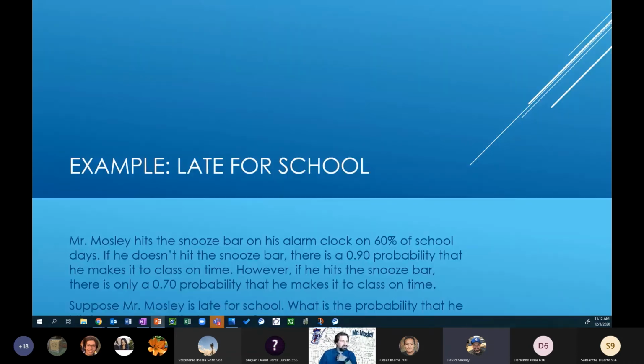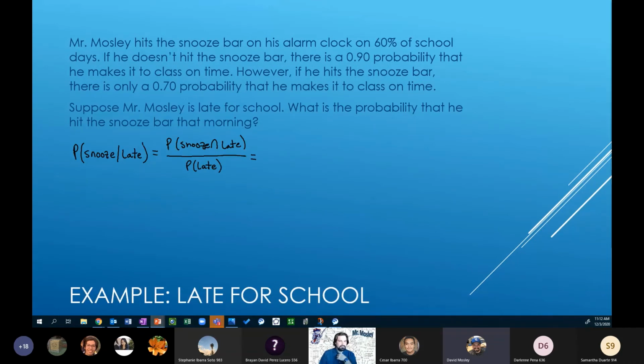So we come back over here and we fill in our fractions. We get the probability of snooze and being late is 0.18, but the probability of being late, 0.22.